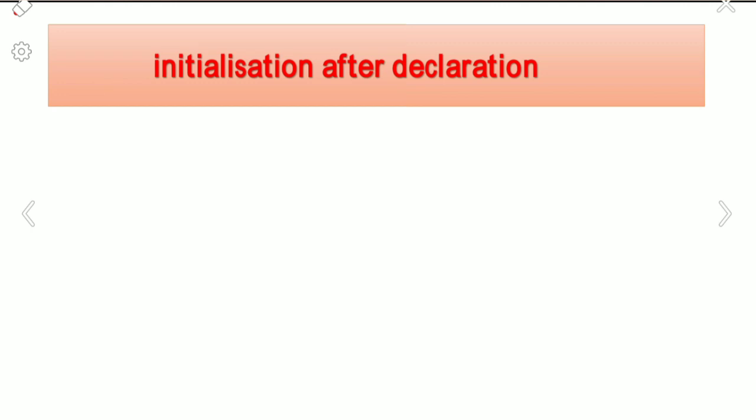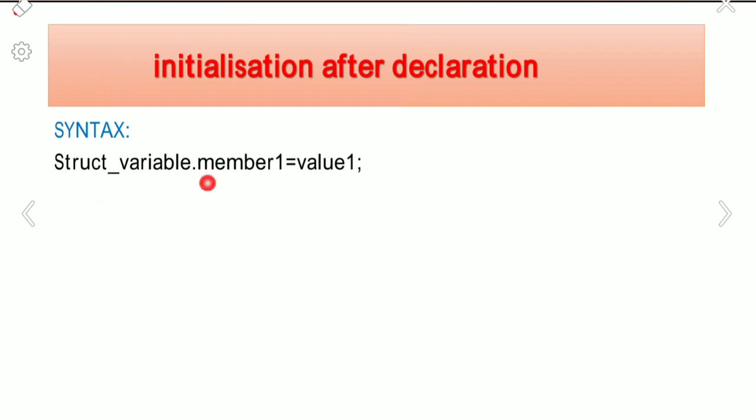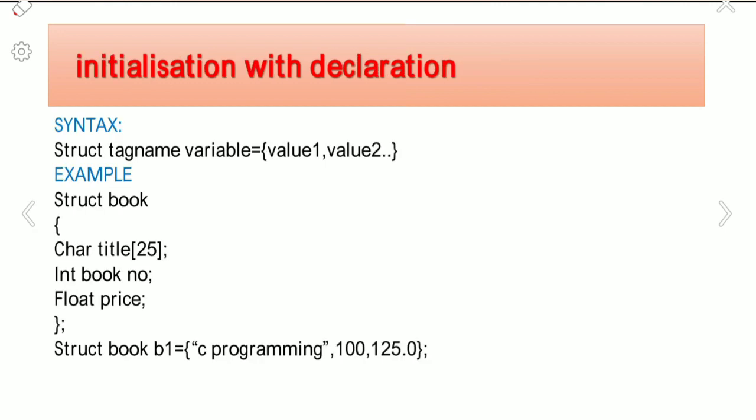Next we will see the initialization after the declaration. The syntax is structure variable dot member1 equals to value1. In the previous one, we saw that there must be a one-to-one correspondence between the members and their initializing values, right? So the title is C programming, book number is 100 and price is 125.0.